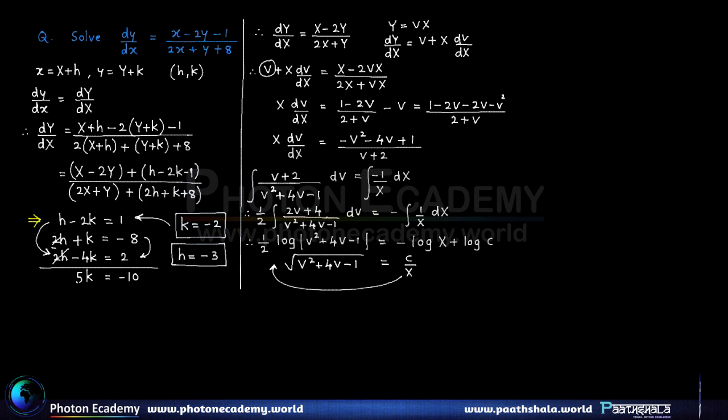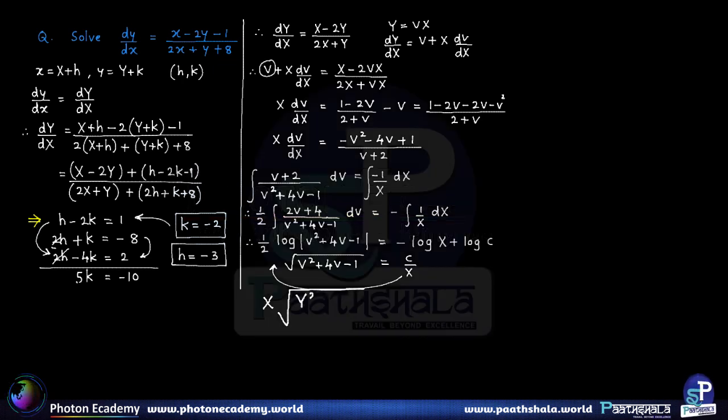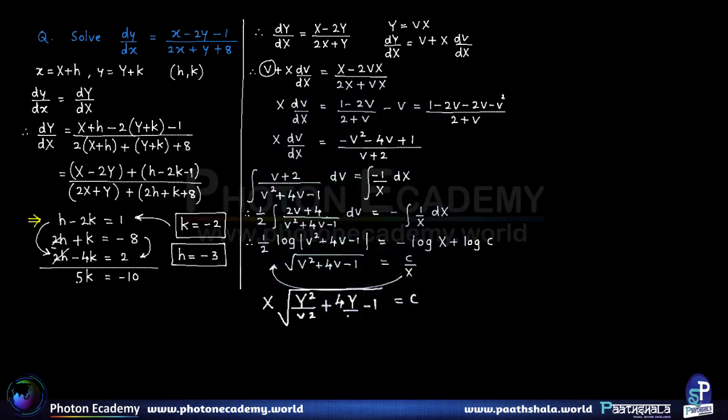So therefore we will get x into square root of, now in place of v we must put y by x, so that gives us y square by x square plus 4y by x minus 1, is equal to some constant c.